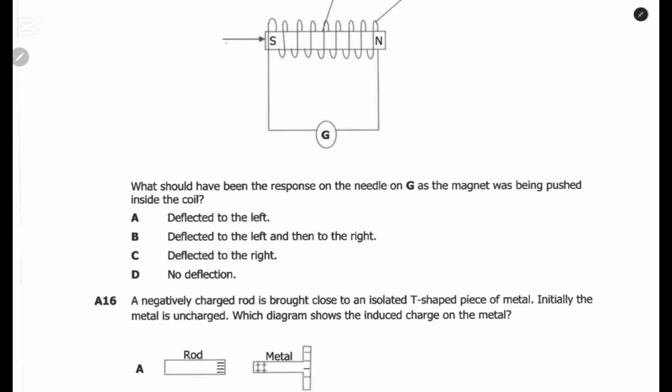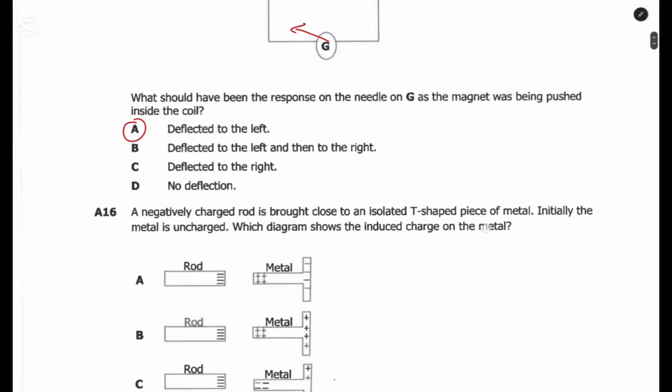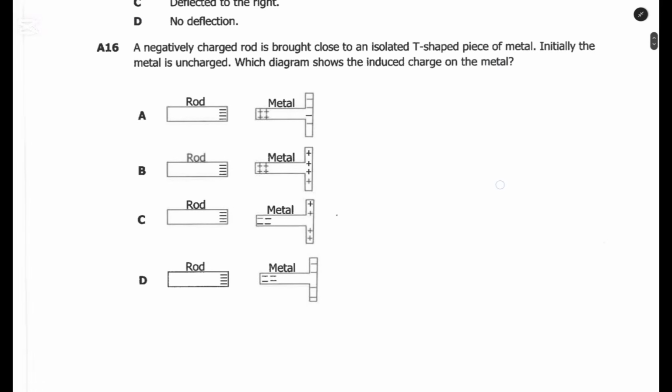When the magnet is being pushed into the coil, from the north, you push the magnet like this, the north. So what happens is that the needle will be deflected to the left. So the answer therefore is A, deflected to the left.